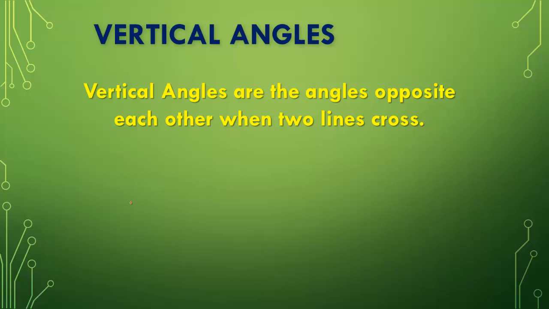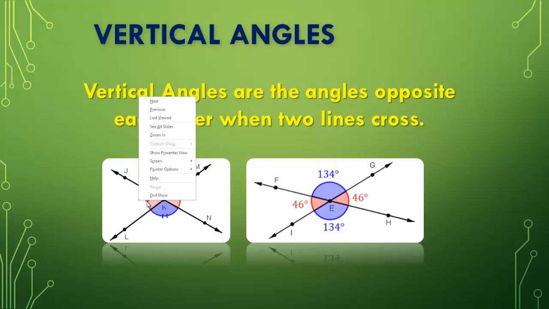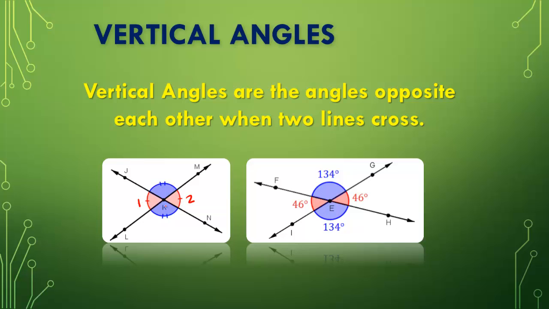Now, one other thing, vertical angles are the angles opposite each other when two lines cross. So for example, if these two lines are crossing, this angle 1 would be a vertical angle to 2. And vertical angles are always congruent. So I could say that angle 1 is congruent to angle 2, angle 3 is congruent to angle 4, because vertical angles are congruent.